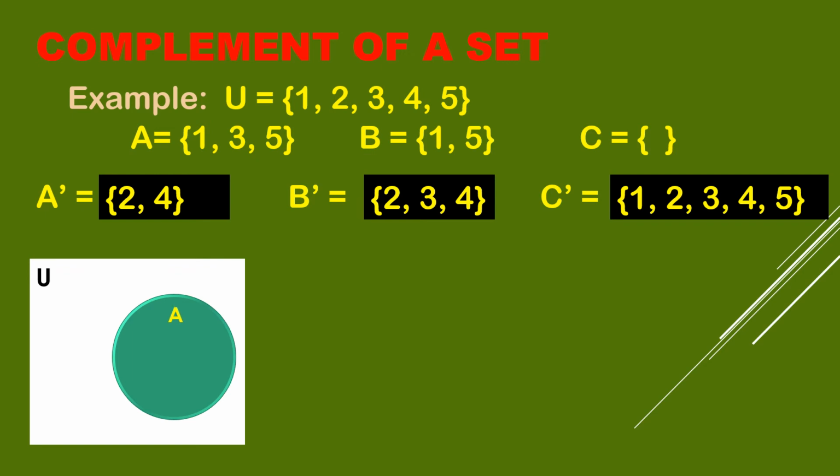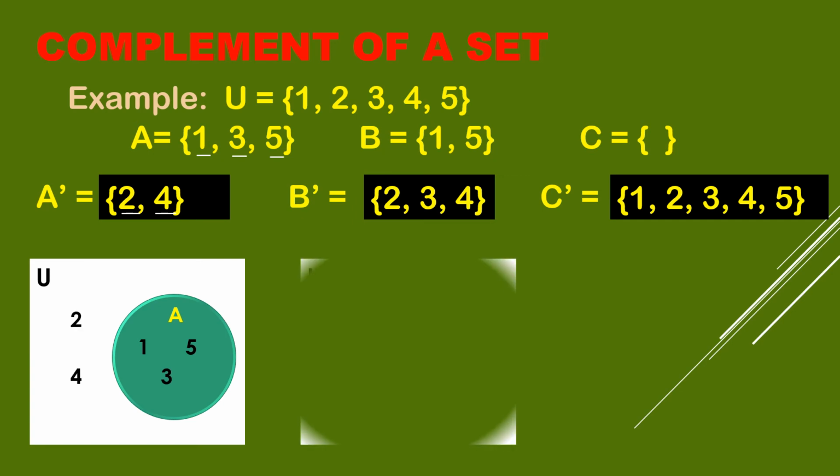So ano yung mga elements ni A? 1, 3, and 5. So, yan yung isusulat natin dito sa loob ni circle. At ano yung isusulat natin dito sa labas ni circle, pero nasa loob ni universal? Yung sagot natin na 2 and 4. So, we have it here.